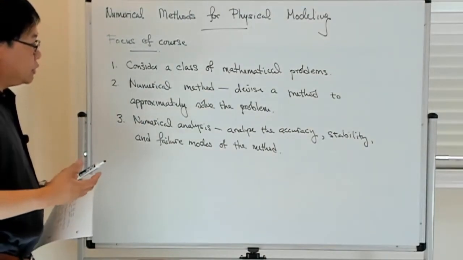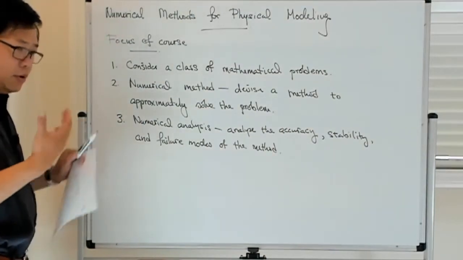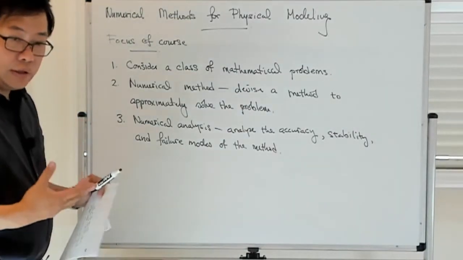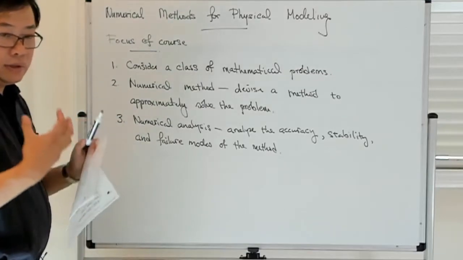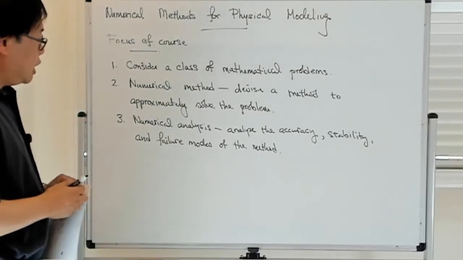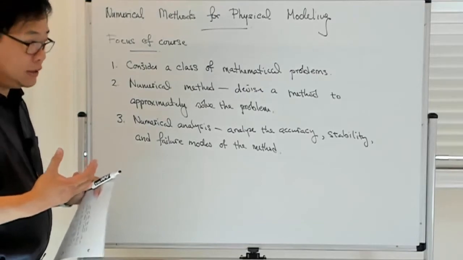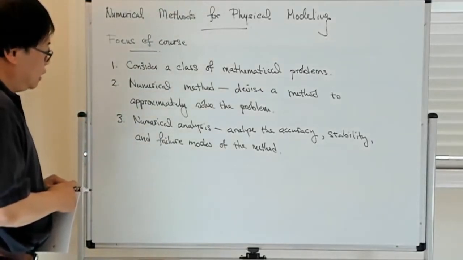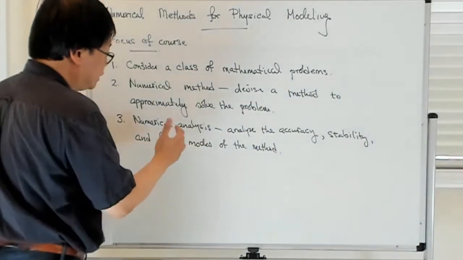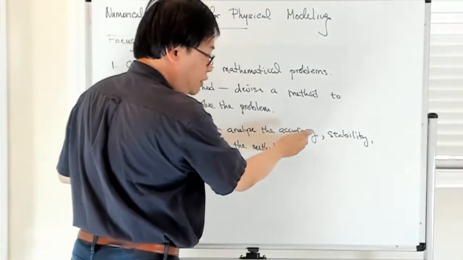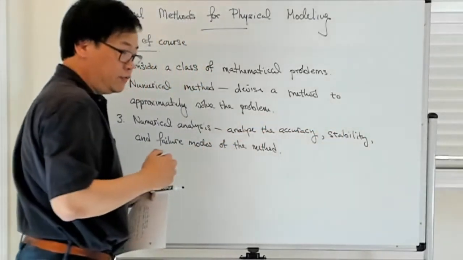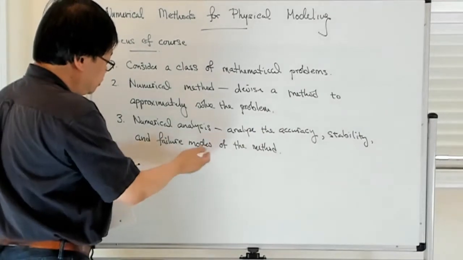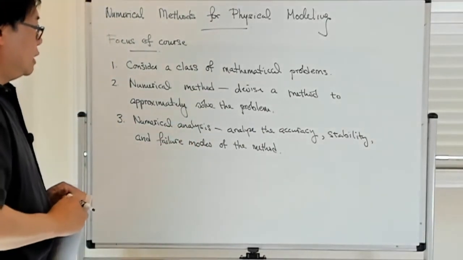And it's also important, for most numerical methods and most mathematical methods in general, that there are underlying assumptions upon which the methods or the techniques are built. And when you violate those assumptions, oftentimes you have failure of the method. And so it's important to understand not just how good the method is in terms of its accuracy and its reliability, but also when it fails, so that you know when to avoid it.